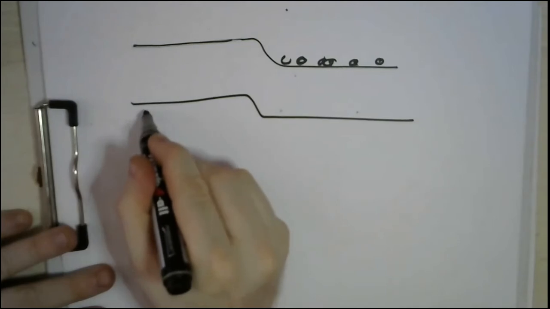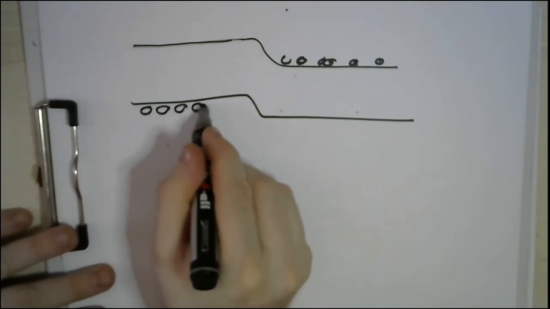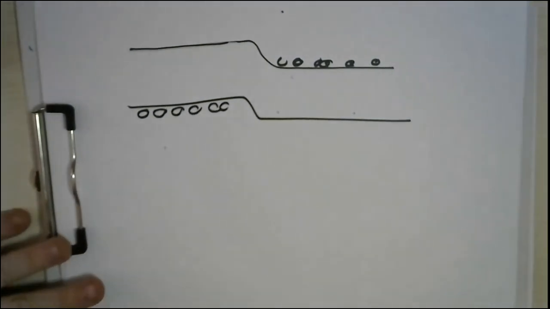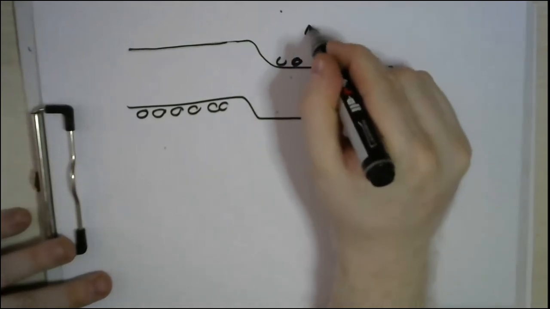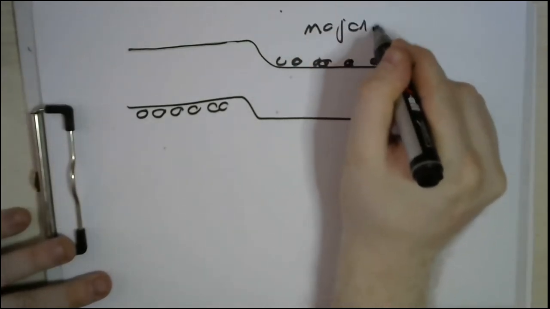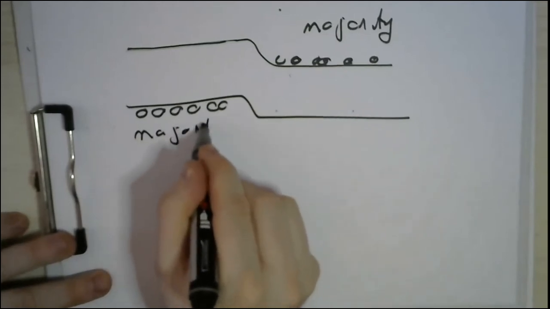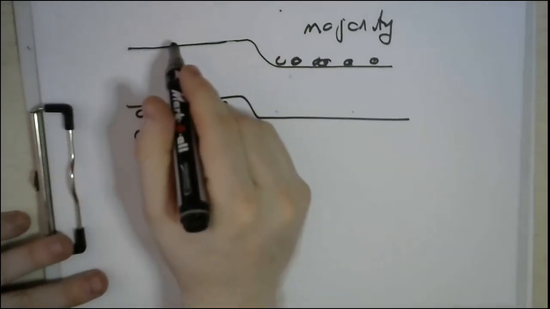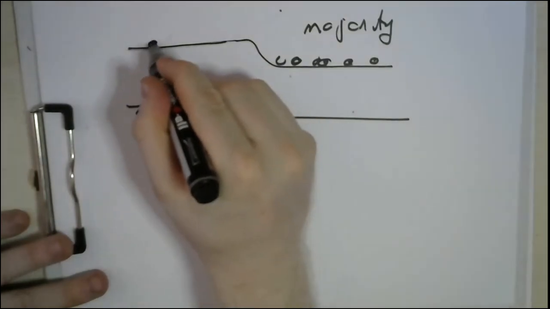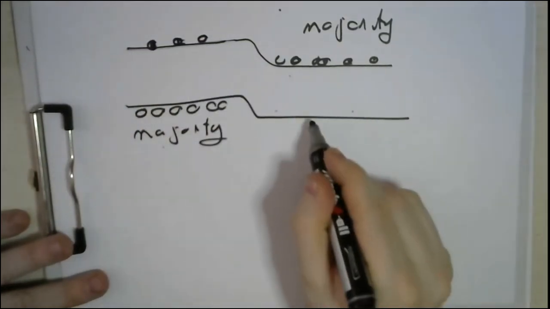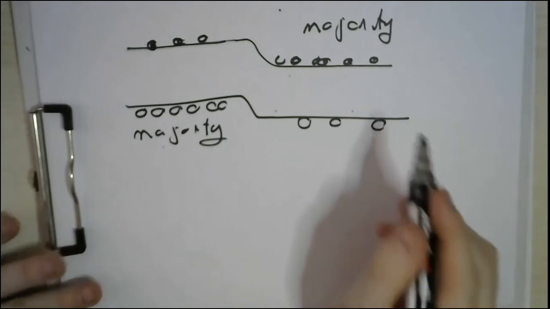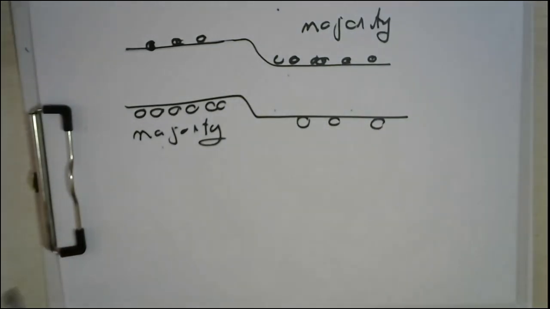So this is electrons, and this is holes. Don't forget that these are the majority carriers. And of course, the minority are here. So we have here some few electrons, and we have here some few holes. Okay. Now the barrier has been reduced.